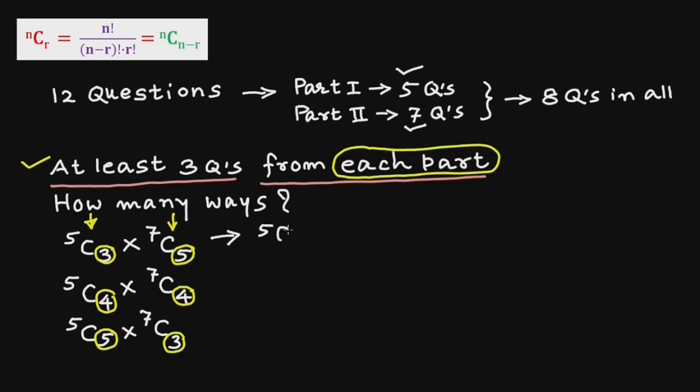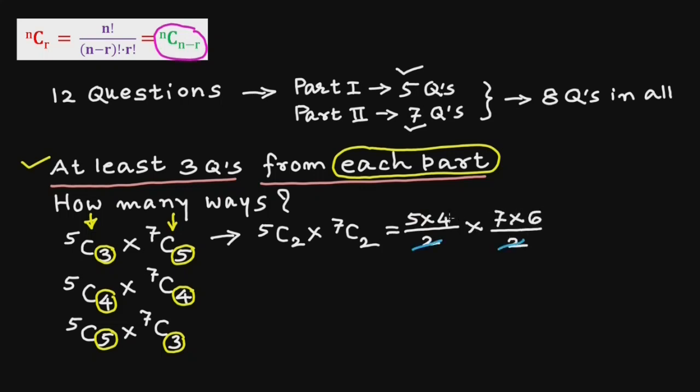5C3 is also 5C2 and 7C5 is also 7C2. According to this relationship, it will be 5 into 4 upon 2 multiplied by 7 into 6 upon 2. 2 twos are 4 and this is 210. The second option will be 5C4 is 5C1 multiplied by 7C4 is 7C3.